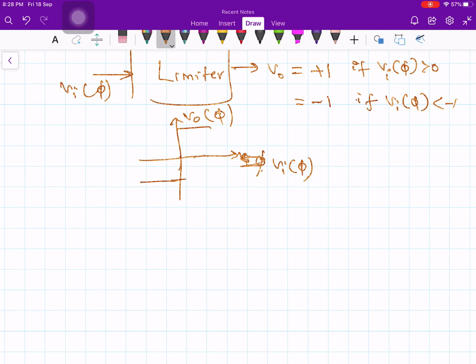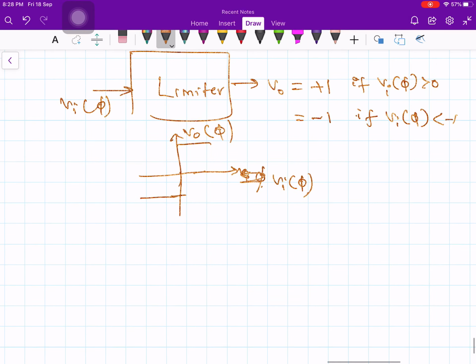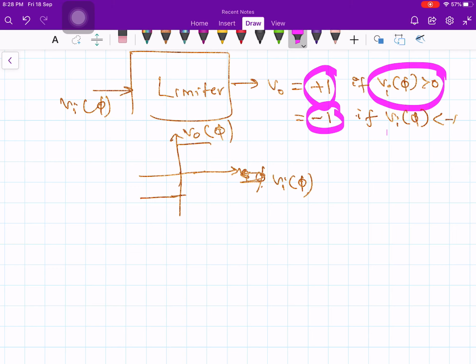So what we are saying is v naught is going to be plus 1 if vi of phi is greater than 0, and it is minus 1 if vi of phi is less than 0. Now we can ask a question: when will this vi of phi be greater than 0? At what condition? Because your vi of phi is equal to A of t times cos of phi.